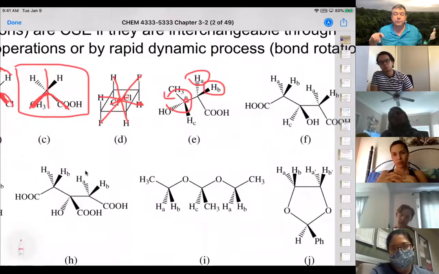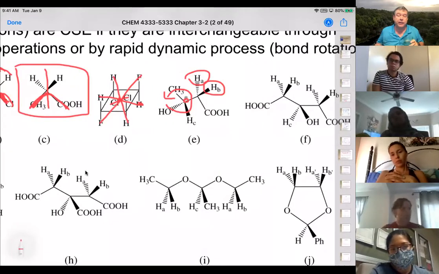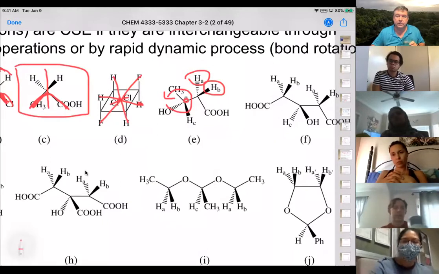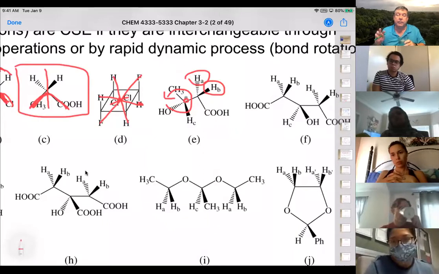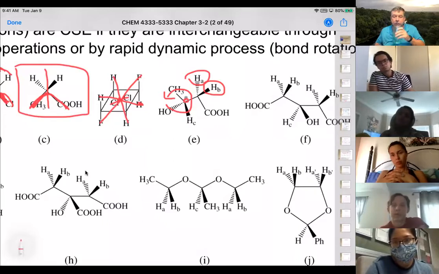And so occasionally you'll get an extra peak that you didn't think you had, because of these becoming non-equivalent due to their being either fixed in space, like in a ring, or being equivalent because of free rotation around a bond.